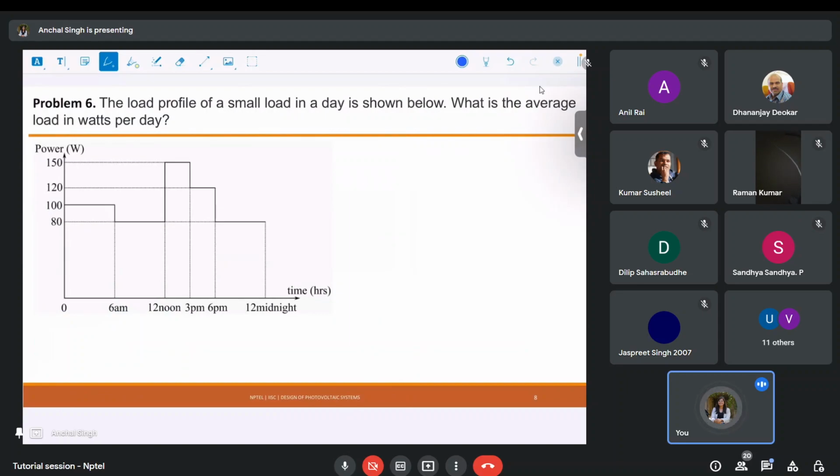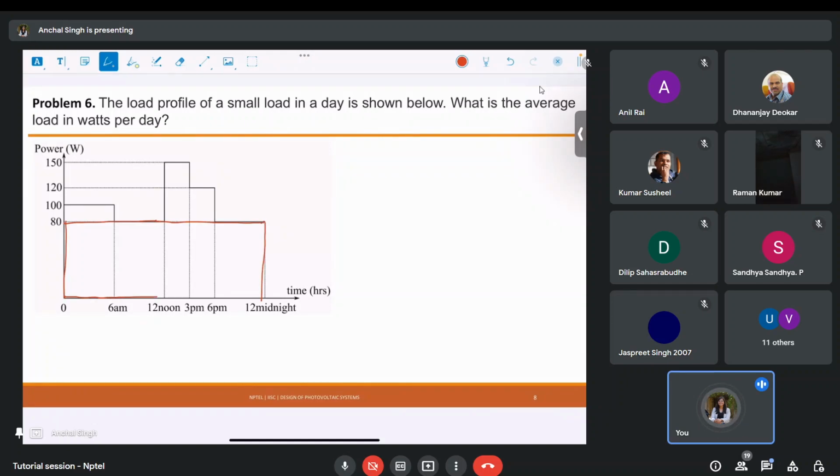So in the next problem, the load profile of a small load in a day is shown below. What is the average load in watts per day? So they have asked us to calculate the average load. In order to simplify this load profile, let us break it down. There are multiple ways in which you can calculate; I am doing it this way.